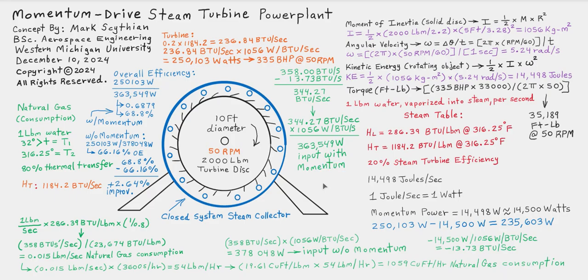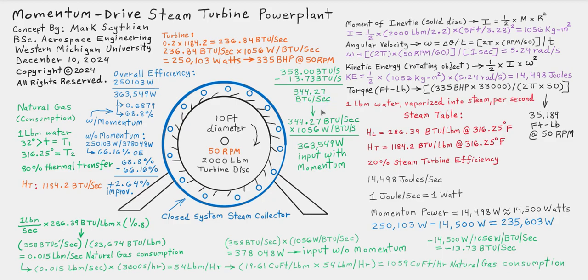So in actuality, we only need 344.27 BTUs of natural gas input to run this at 50 RPM at the desired specifications initially. All right, so if we take, let's see here, 350, yeah, right here, this one right here, 344.27 BTU.